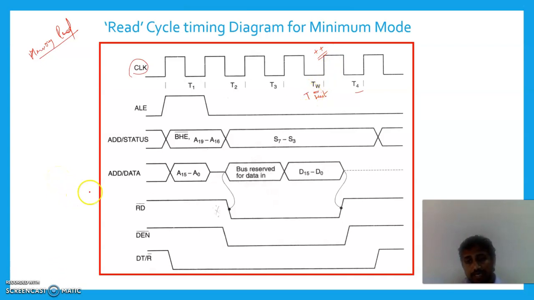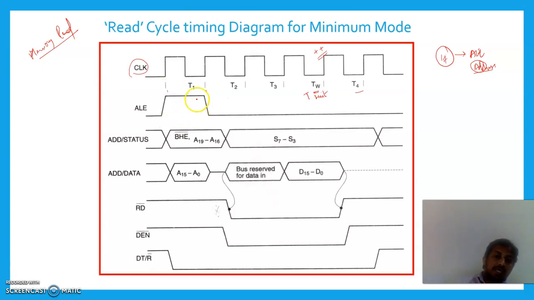In the first clock cycle, the microprocessor sends an address latch enable signal high, and the address is sent. That is why this signal is high for the first clock.